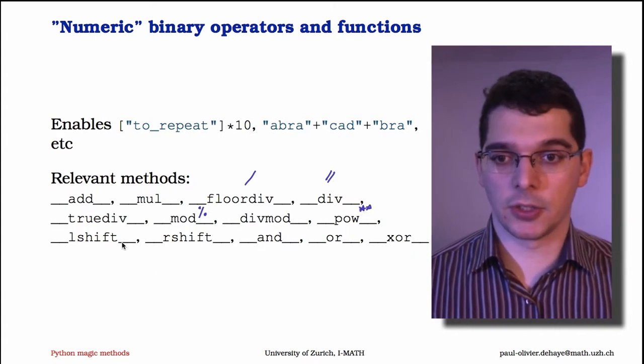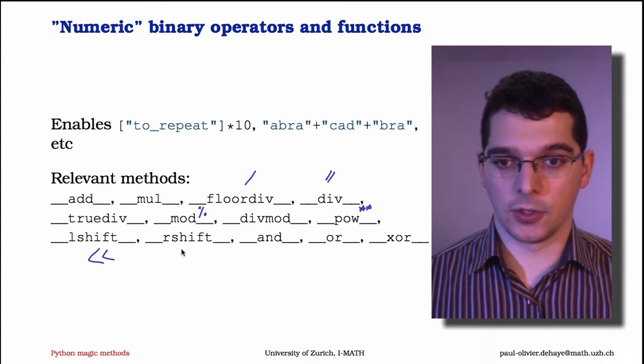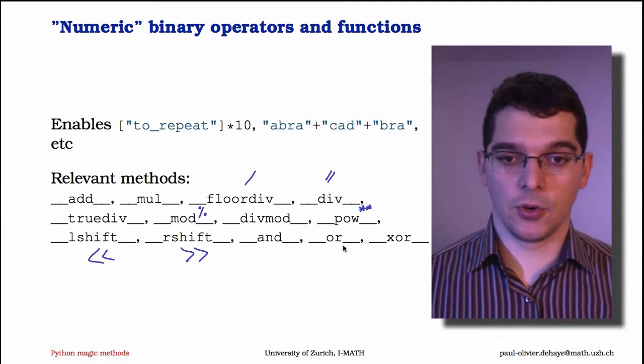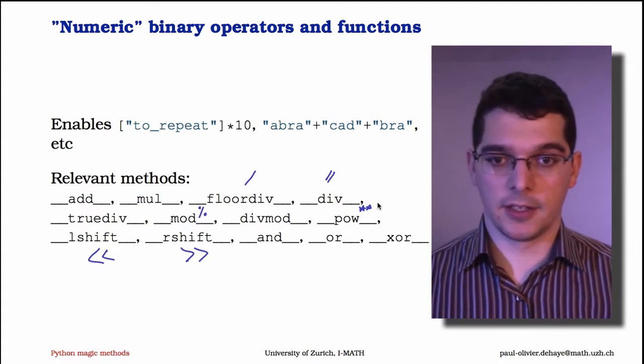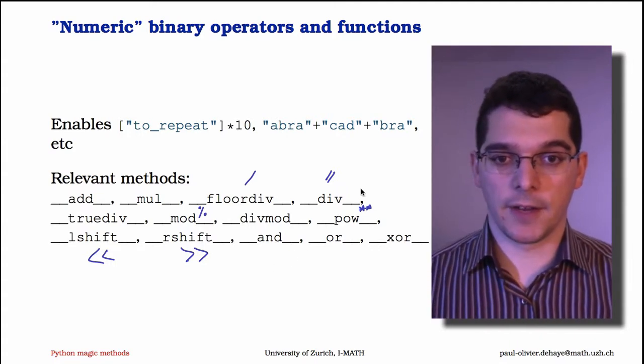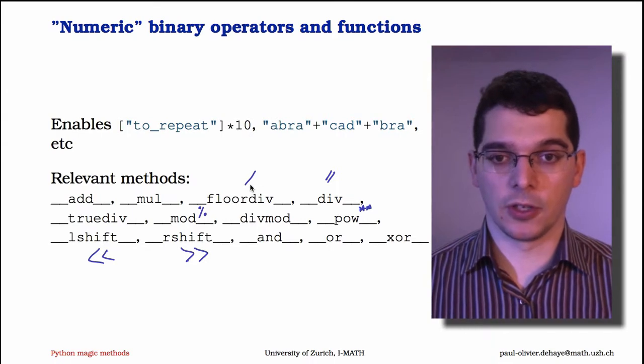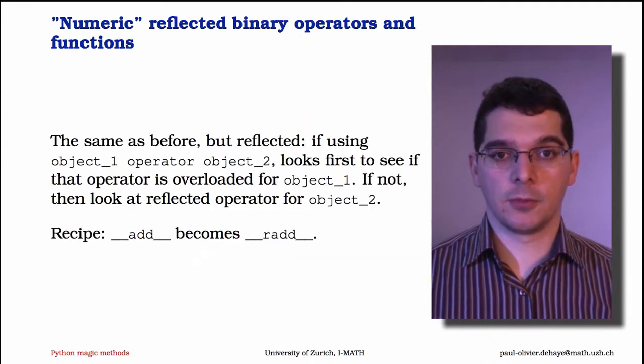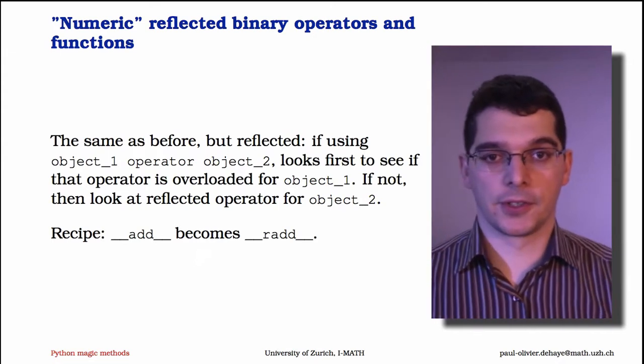We've seen the exponential, left shift, right shift, and so on. Whenever you define one of those methods, you are effectively defining a new shortcut that you can use with your objects.